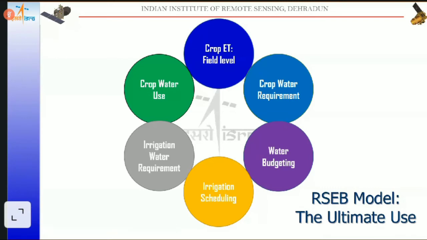So these are the ultimate uses of the remote sensing energy balance approach, and that's why various researchers in the scientific domain are working on it using remote sensing, because geospatial technology has the capability to cover both spatial as well as temporal scales.